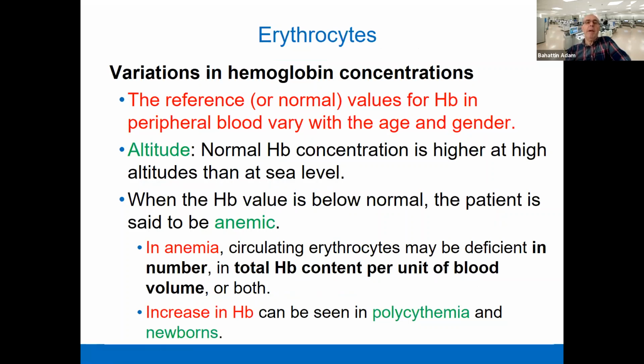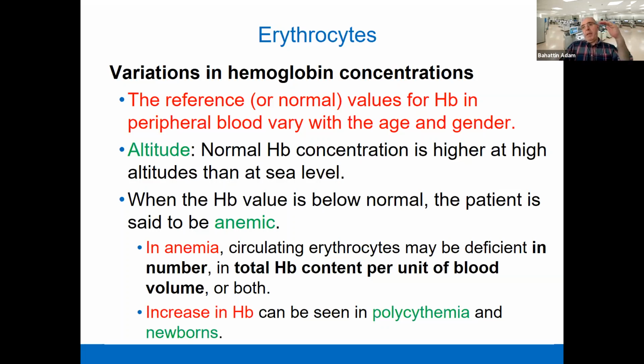Now, the hemoglobin concentration is also variable. The reference or normal value of hemoglobin in peripheral blood varies with age and gender. Altitude will also affect the concentration of the hemoglobin. The normal hemoglobin concentration is higher at high altitudes than at sea level, because at higher altitudes there is a lack of oxygen.